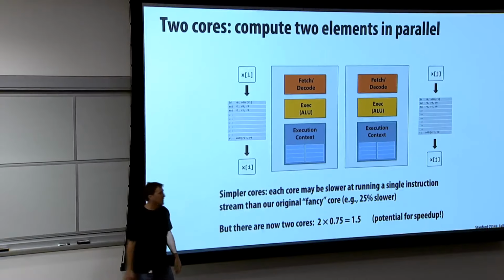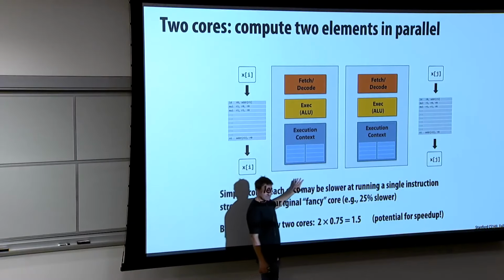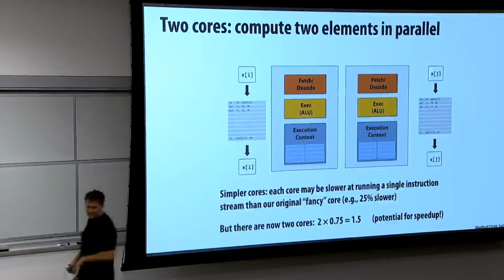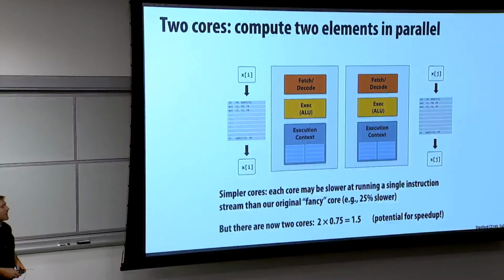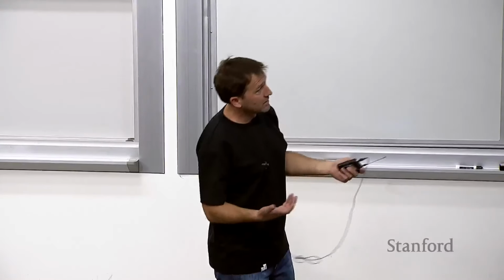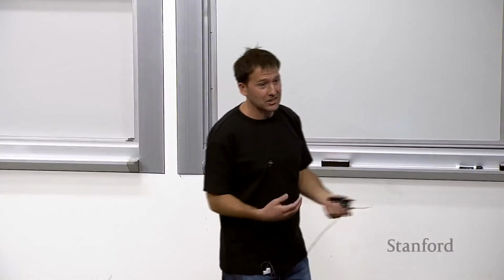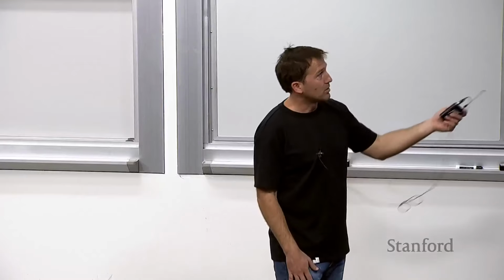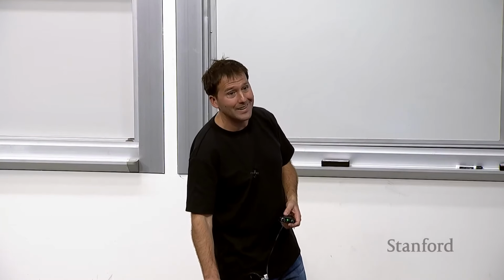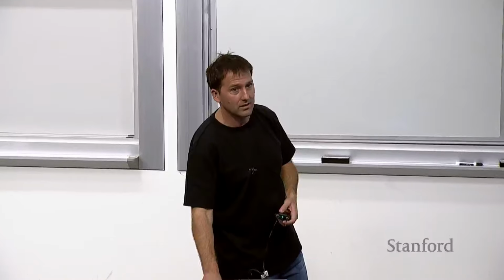But I've decided to organize them a little bit differently and now duplicate the execution context. So I got rid of all that logic to try and find ILP. I got rid of logic maybe to have a really big data cache to avoid stalls. But now I have the ability to, if you gave me 2 instruction streams, guarantee that you'll run both of them and get double the performance.